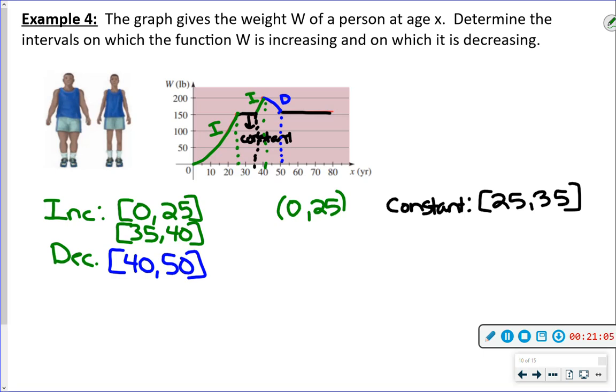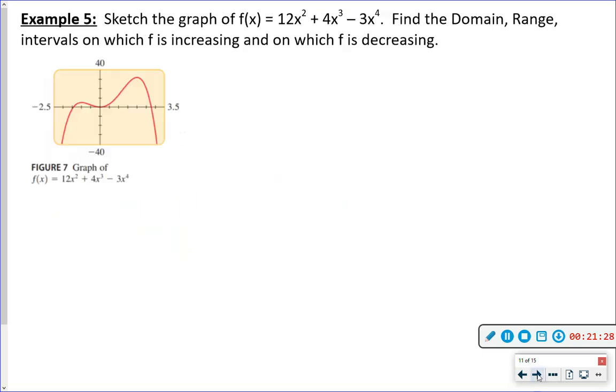Sometimes they'll use open intervals because this point right here is in multiple intervals. That's where it's switching to constant. So it's kind of a pivot point. So that's why some textbooks will ask for open intervals and use parentheses. And here, I don't really care if you do brackets or parentheses because the directions aren't that nitpicky. As long as you have the right intervals, I'm happy with you.